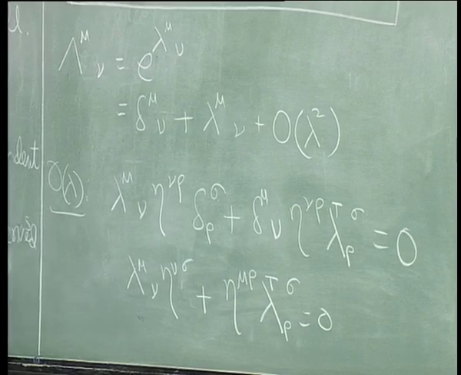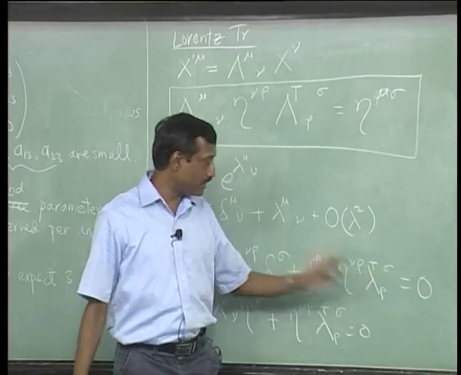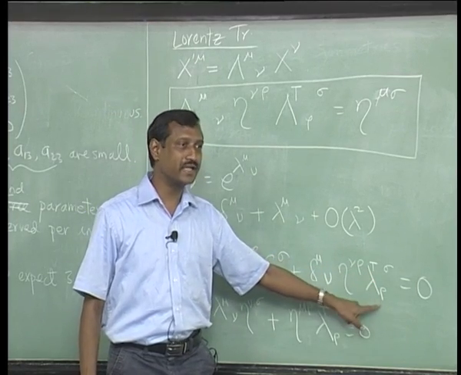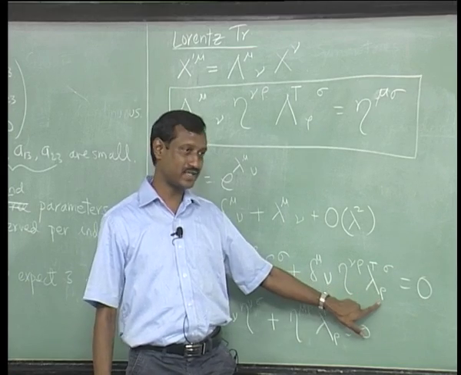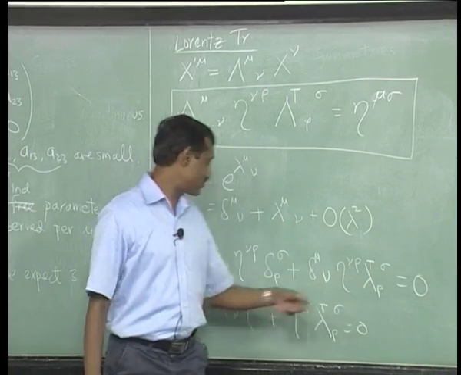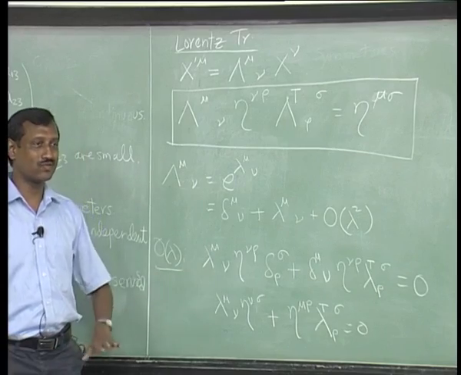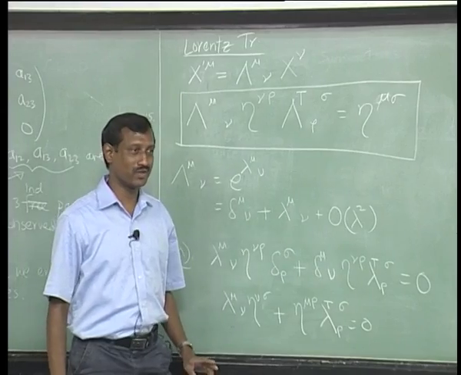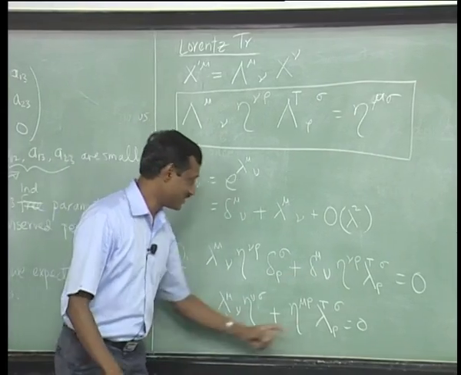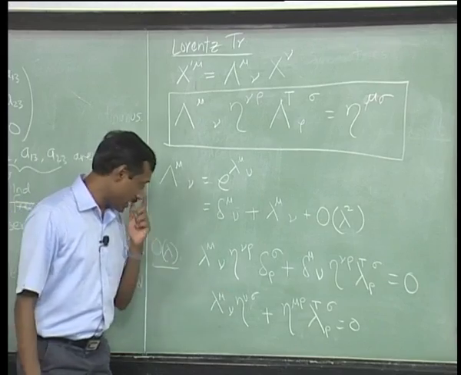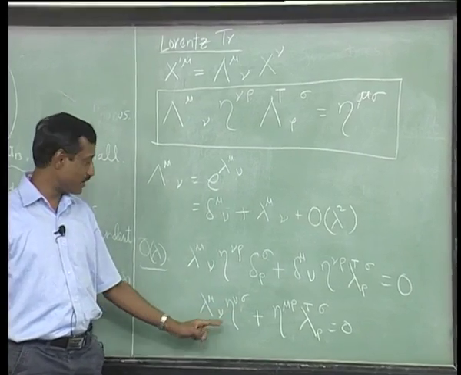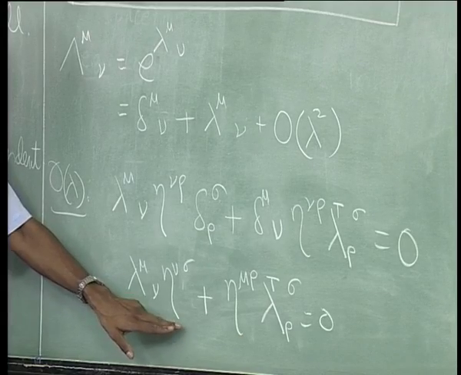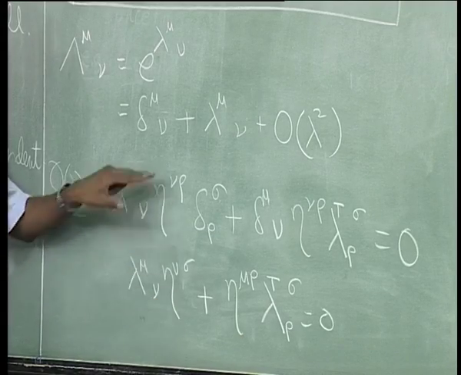I have done nothing so far, but one more thing: I claim there is no need for me to say this is lambda transpose, because if you look at the index structure, the first index is lower out here and this is upper. Since I am being very pedantic, I am putting the transpose out here, but I claim that I do not need to do that either. But let us leave it that way. So, this is what we get, but now we can think of defining, from the special theory of relativity, we know that we think of eta as the raising and lowering thing.